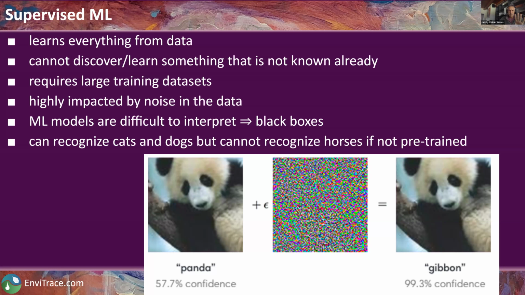There are many examples like this, maybe you have heard, but there are many cases that you can fool algorithms, and this relates to what I was talking about earlier about the robustness and trustworthiness of machine learning, that you need to be sure that it's working properly. You don't want to have these situations.